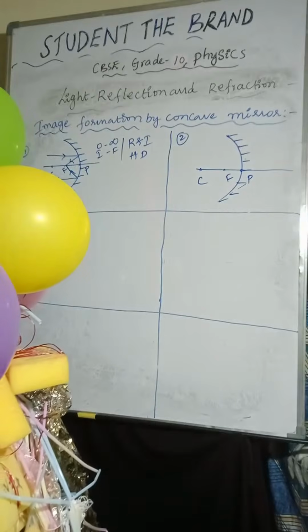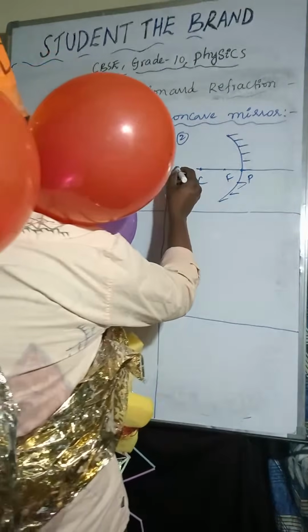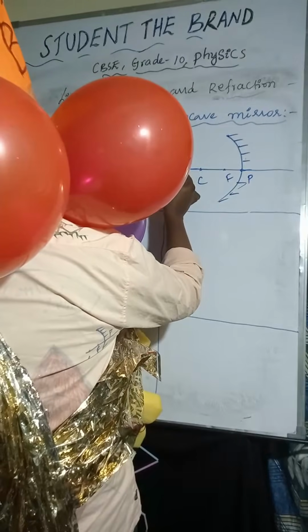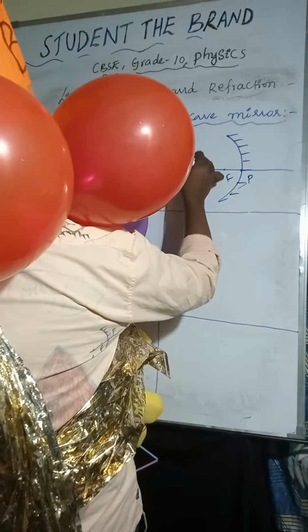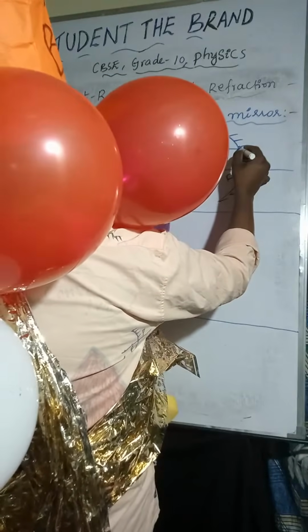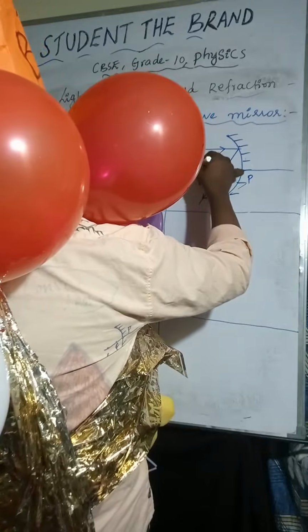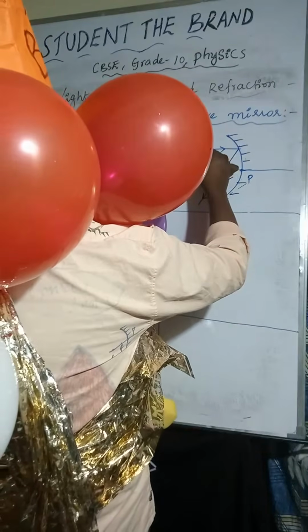So pole, focus and center of curvature. Light rays are coming from beyond the center of curvature. So it is passing like this.